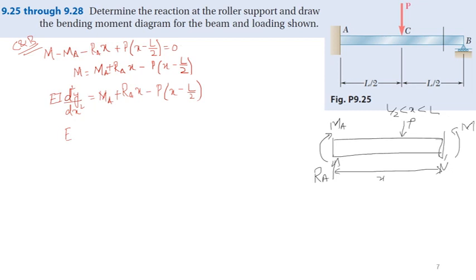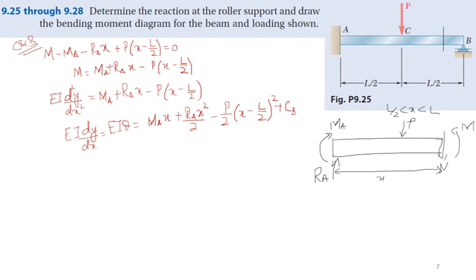If I integrate it, this will become EI dy by dx, or let me write in terms of theta as well, MAX plus RAX squared by 2, and minus P by 2 times X minus L by 2 squared, plus C1. Okay. Now, not C1, C1 is already taken, so let me write C3.